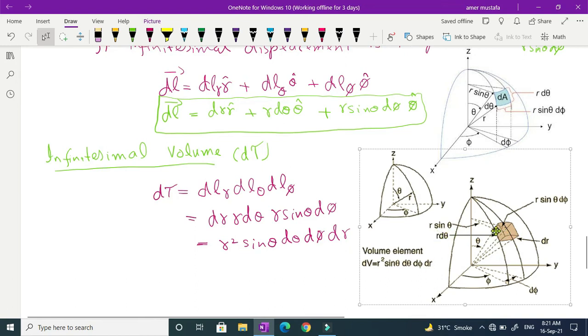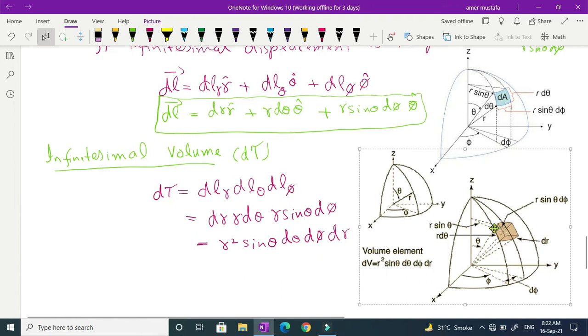And if this radial line rotates in a horizontal plane from here to here, then phi will change, and due to change of phi, the infinitesimal length is r sin theta d phi, and this will be this side of the cube from here to here.